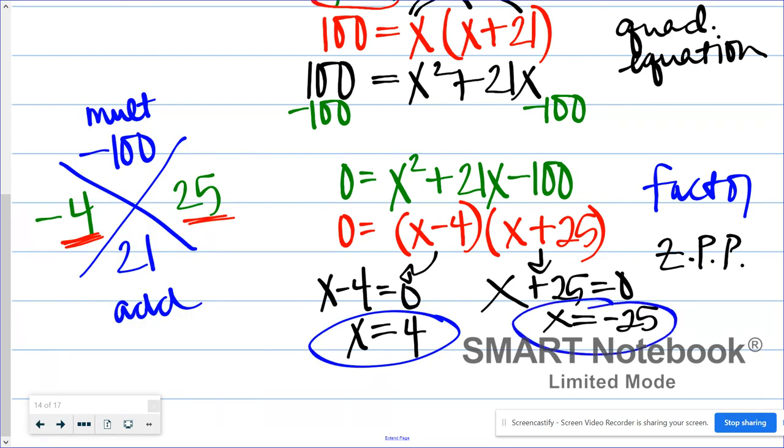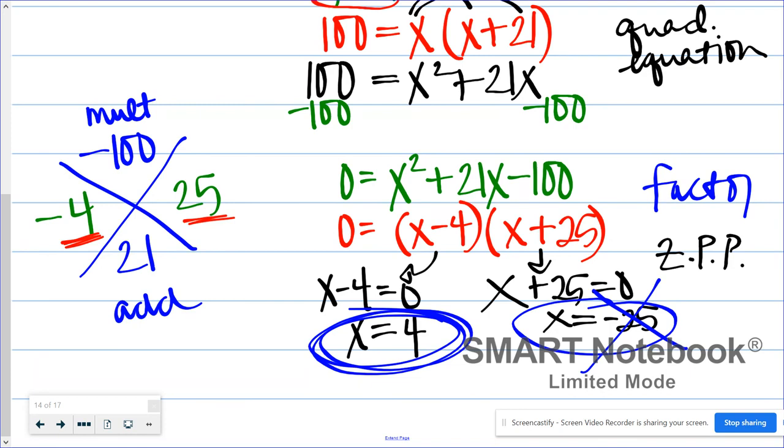This being geometry, x is representing the length of a segment. So we have to ask, well, what makes sense? Okay. And negative 25 doesn't make sense for the length of a segment. 4 does. And so 4 is our answer here. Okay. So I'm still using the similar right triangle rules to set up this problem.